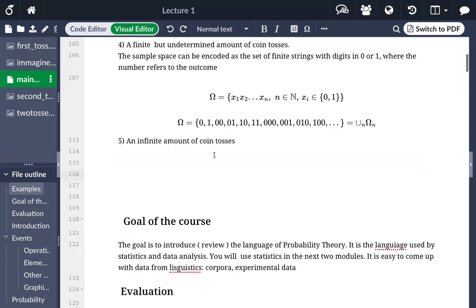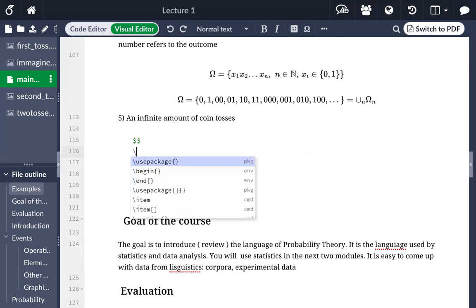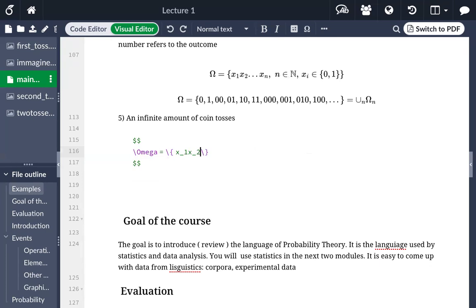This one is much more difficult because, for instance, let me first write the sample space. It's the space of infinite sequences, so x1, x2, etc., where xi is in 0 or 1 for each i.